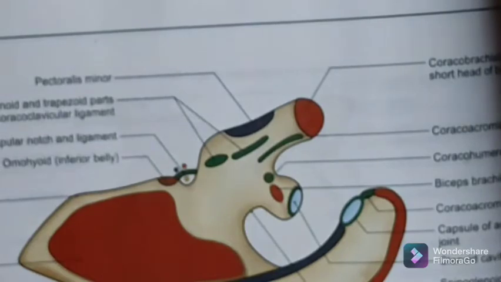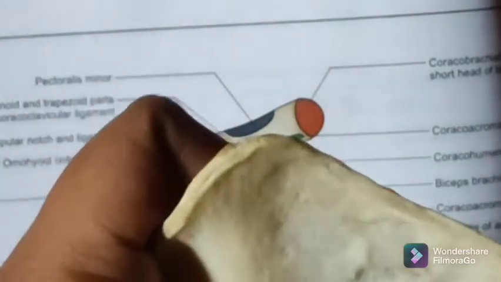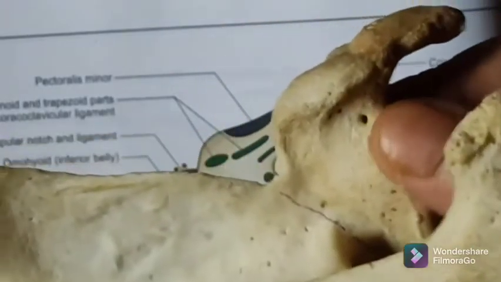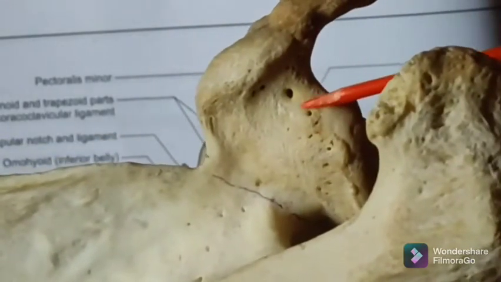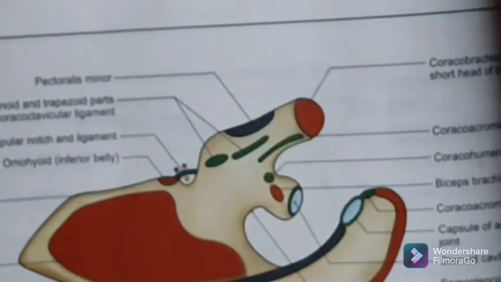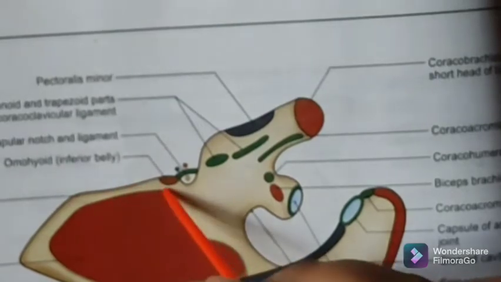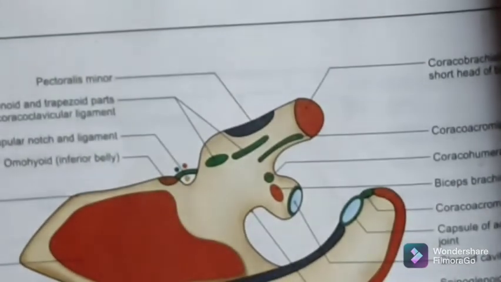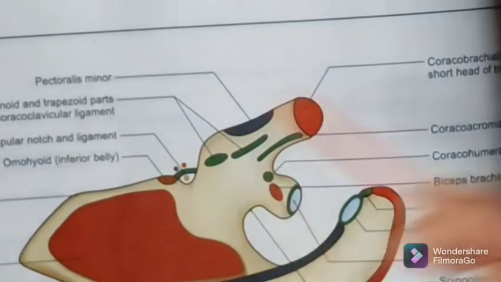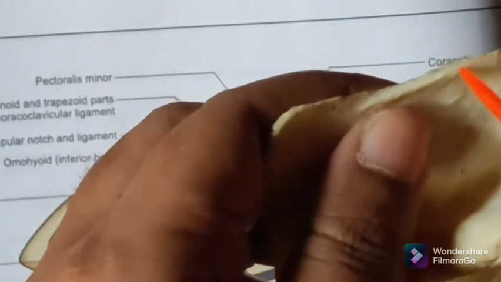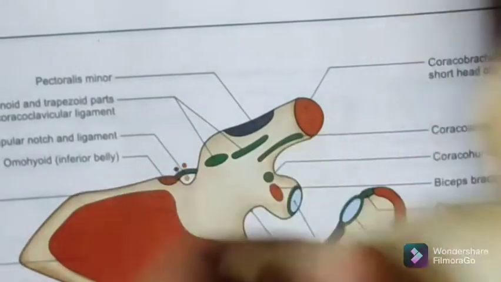Alright, and I told you about the coracohumeral ligament. It's present in the root of the coracoid process, at this point. Now I told you about the inferior belly of omohyoid. See, this is the inferior belly of omohyoid and it's attached here, near the suprascapular notch in the superior border, lateral to it.